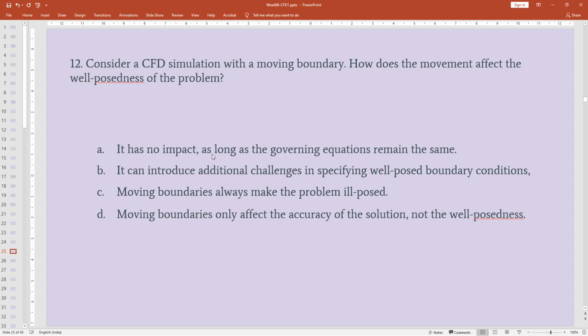Option A, it has no impact as long as the governing equations remain the same. Option B, it can introduce additional challenges in specifying well posed boundary conditions. Option C, moving boundaries always make the problem ill posed. Option D, moving boundaries only affect the accuracy of the solution, not the well posedness. You can try to answer the question. Inbox your answers.